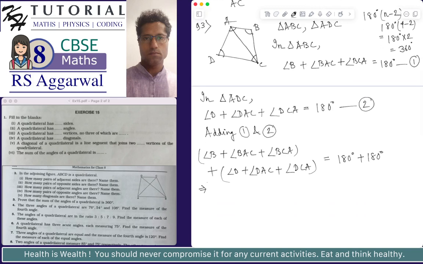Now if we simplify the LHS, we get angle B plus angle D, and we group together angle DAC and angle BAC, and we are left with the other two angles, angle DCA plus angle BCA. This is equal to 360 degrees on the right hand side.